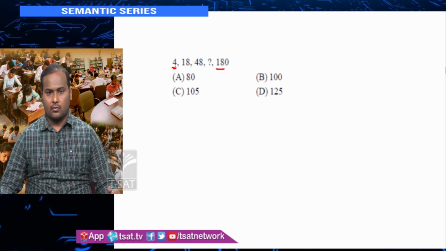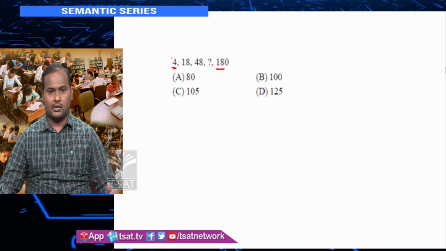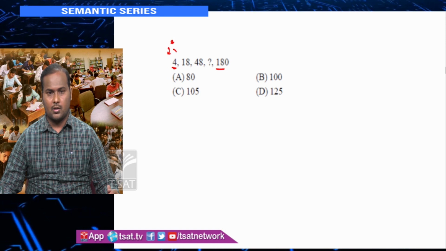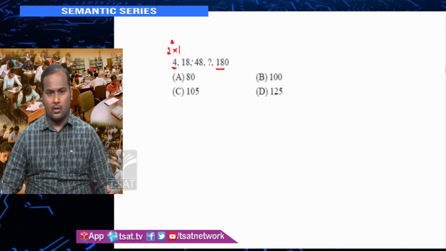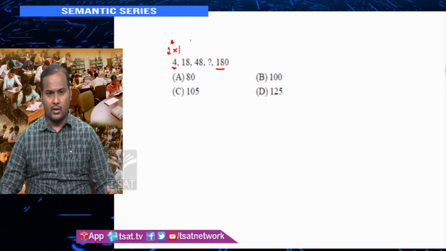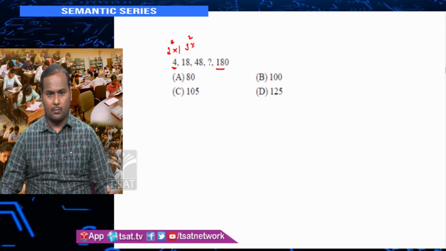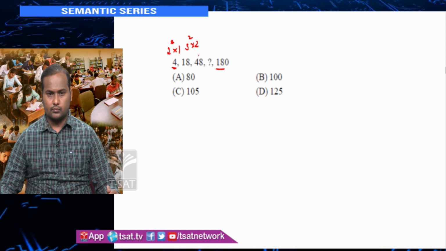The moment you see 4, the first thing that strikes your mind is it's a square, that is 2 square. So I can write it as 2 square multiplied by 1. And 18 is 3 square multiplied by 2.